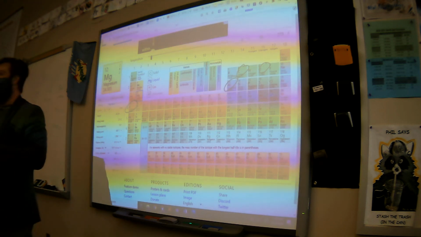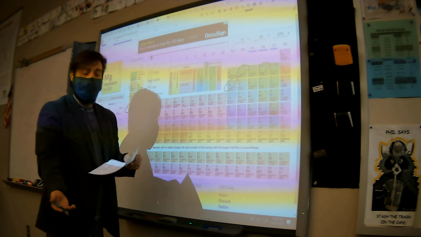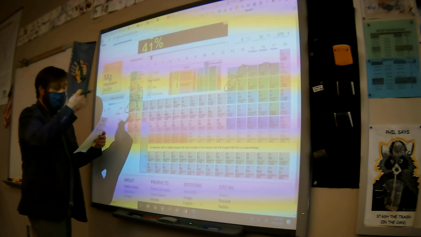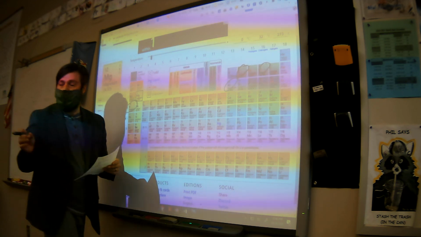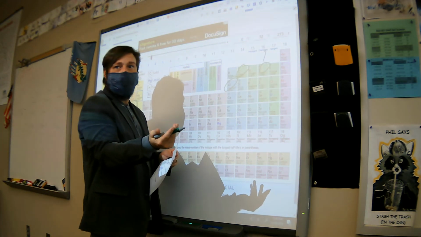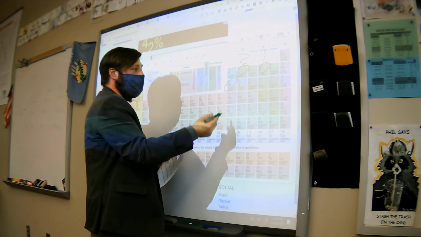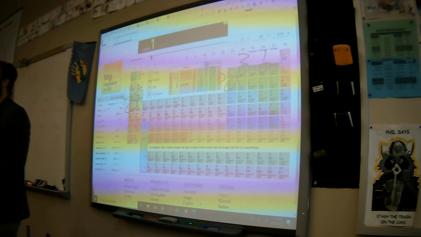Which one's the biggest? Oh, no, I'm sorry. By increasing. So which one's the smallest? Oxygen smallest. Which one's the next? Then carbon. Then aluminum. Then potassium. That's answer number one. That's it.